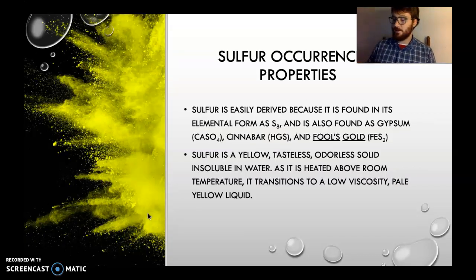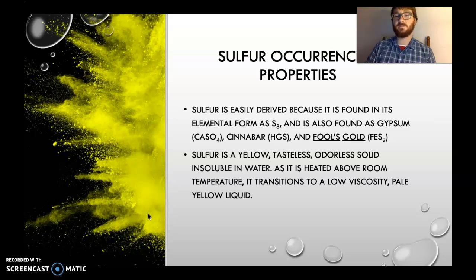But anyways, let's continue on with the idea of sulfur. Sulfur is easily derived because it's found in its elemental form as S8, and because of that, it's common, pretty unreactive.